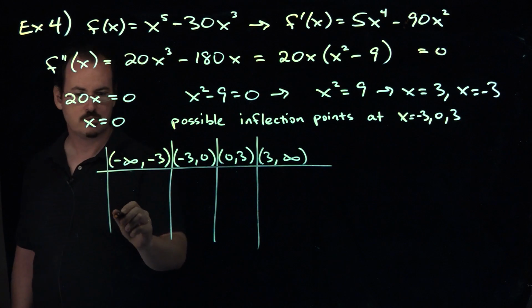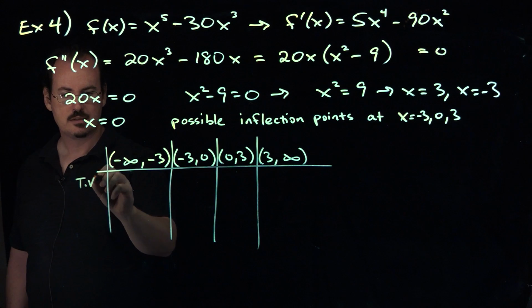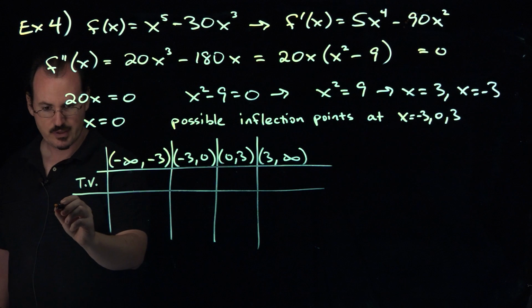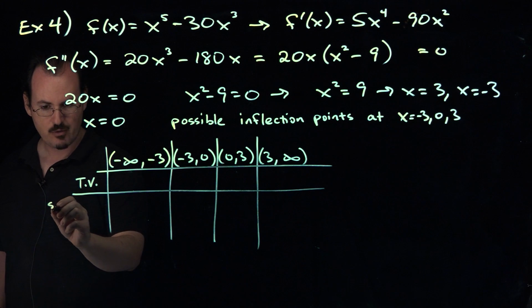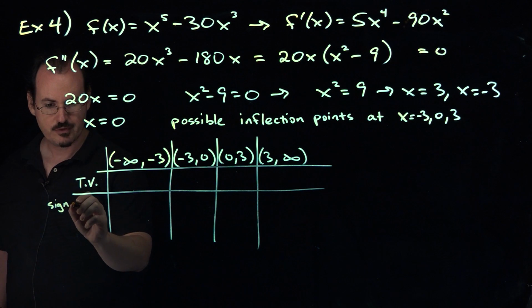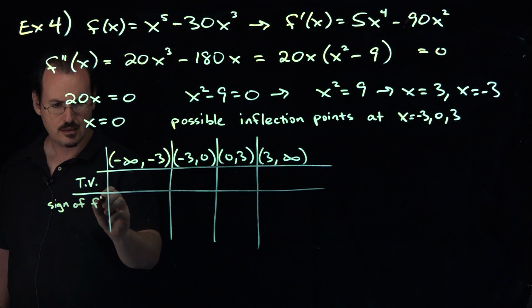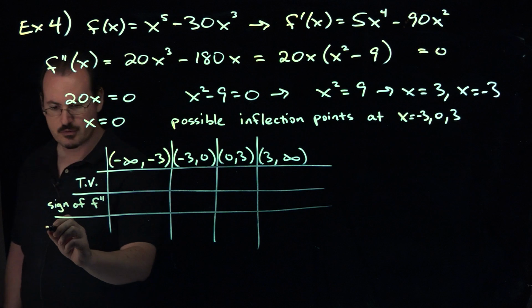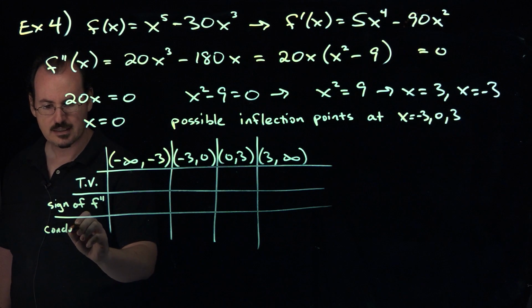Again, we have test values. Now the second row is where things change a little bit. We're interested not in the sign of the first derivative, but in the sign of the second derivative. And then here we draw our conclusions based on that.